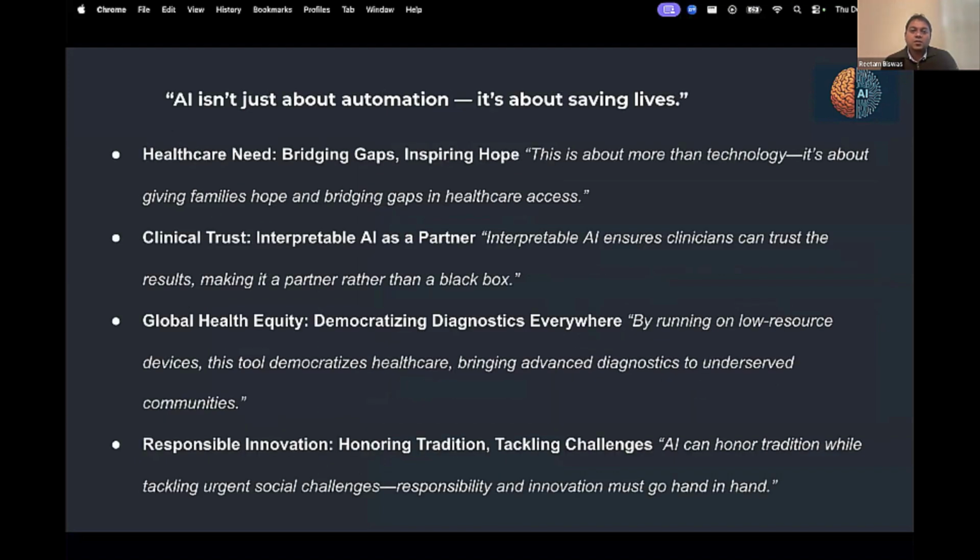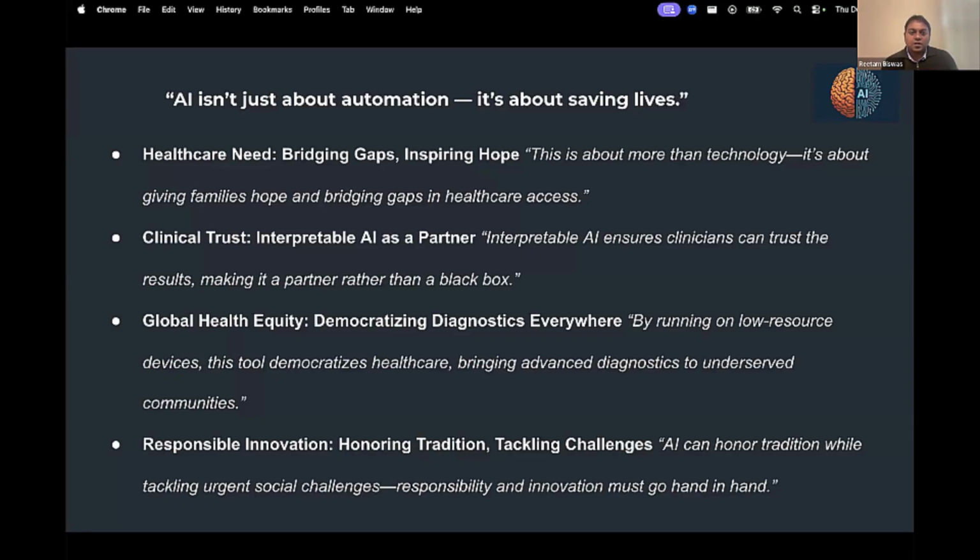So moving along, when we talk about the healthcare area, the key thing is not the technology; it's more than technology. It's about bridging the gaps in healthcare access and giving families the proper benefit out of it. Clinical trust is one of the key things here. It shouldn't be a black box system.